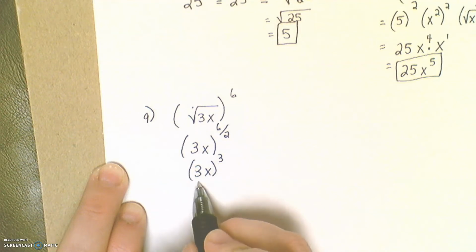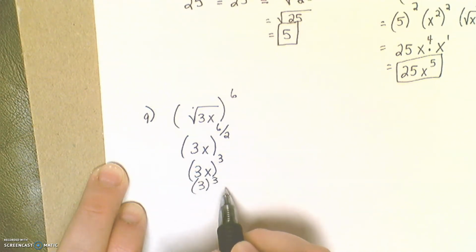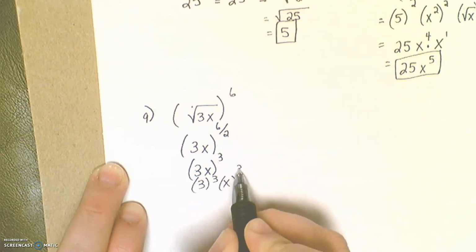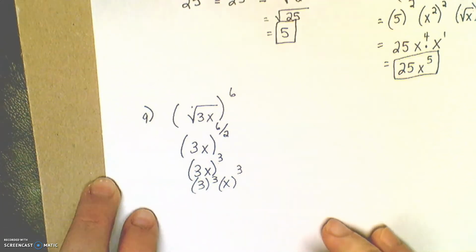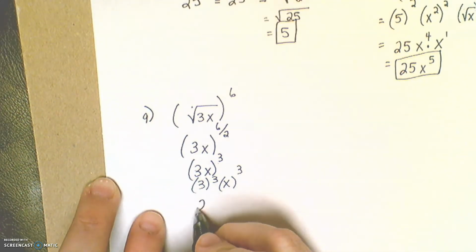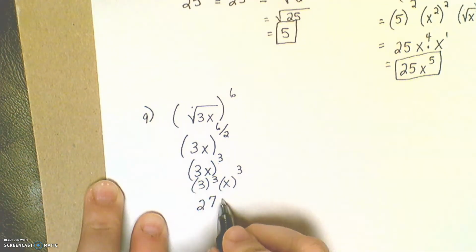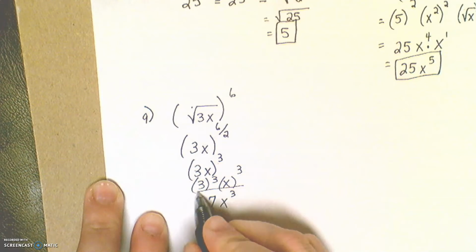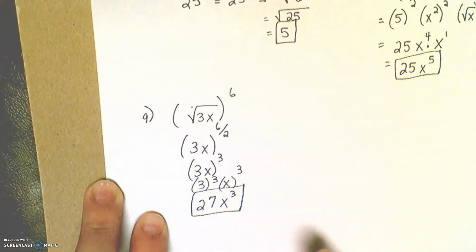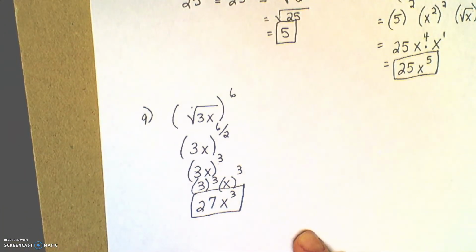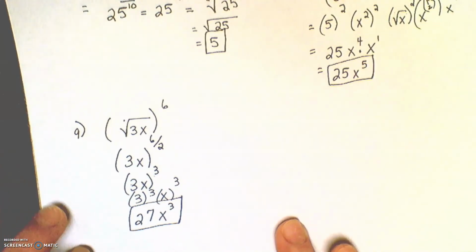Everything inside gets raised to the 3rd. 3 to the 3rd, x to the 3rd. So 3 times 3 times 3 is 27. X to the 3rd. Number 10.